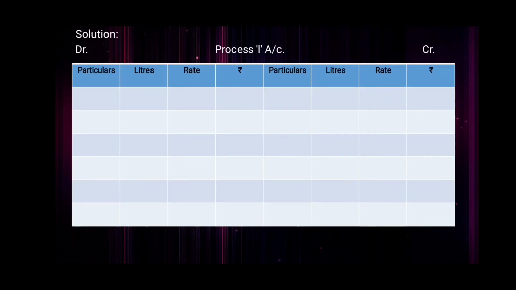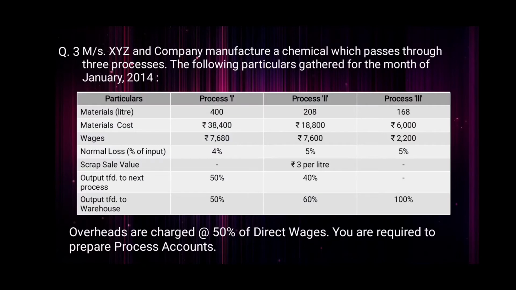So let us start with process 1 account. In this question there is no input amount given. So first we will take the material that is given in liters. For process 1 it is 400 and the material cost which is given as 38,400 in process 1.